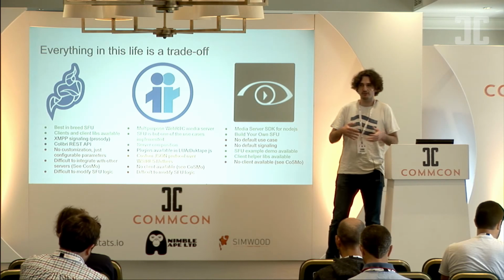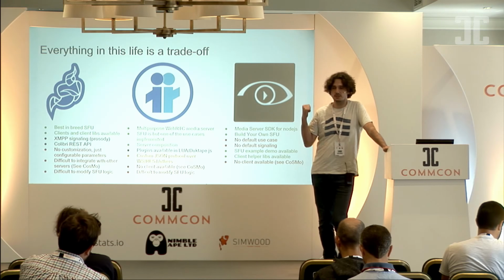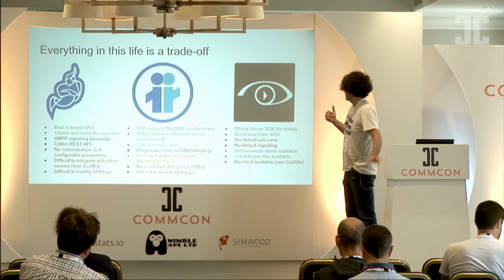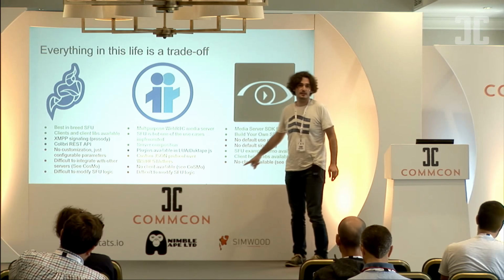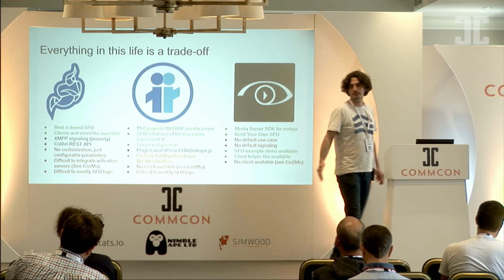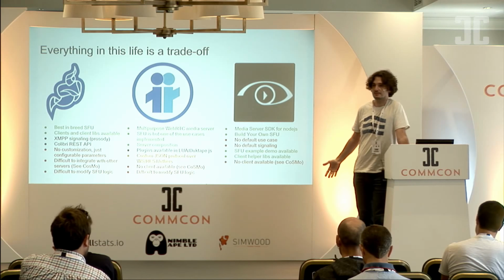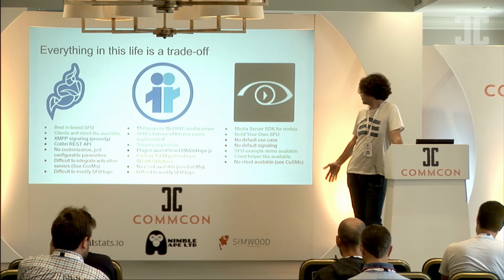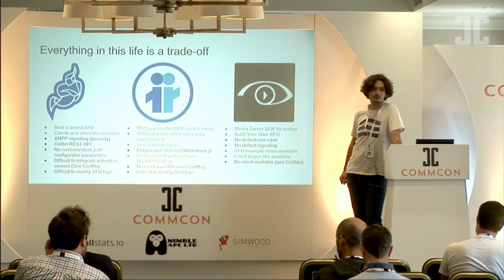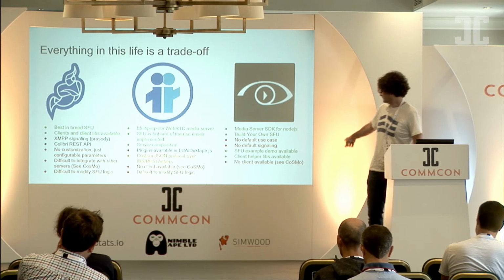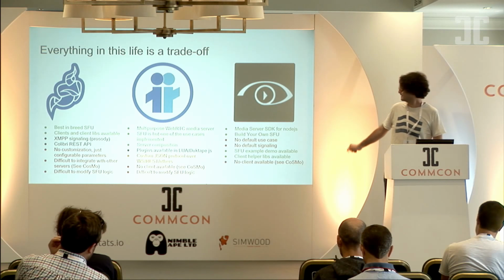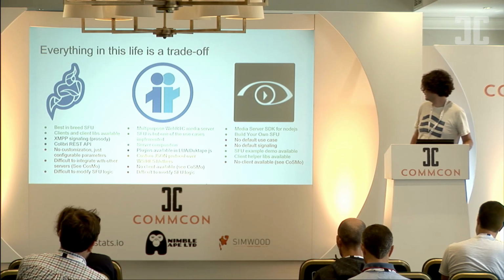So if you have a weird use case, you can use it, and there will be no limitations. And also, in fact, the SFU is a demo application. It is not a full product. And there are some client helpers and libraries available in order to make your life easier. Also, again, there is no client available, but you can get CoSMo.